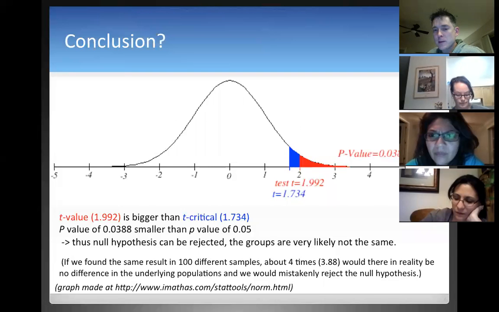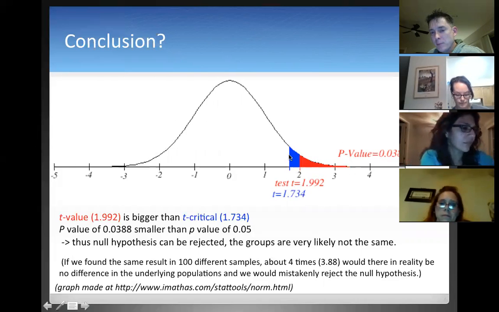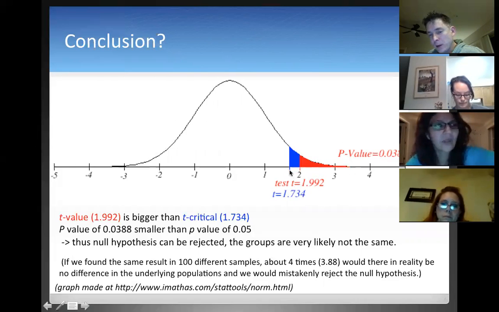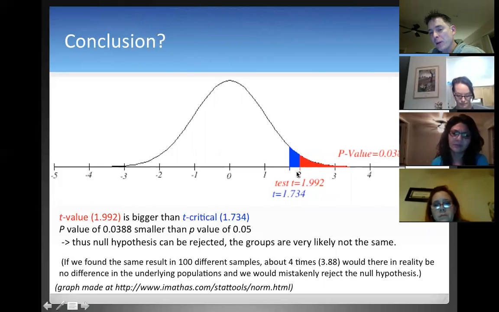Right, so that's the scenario where you're saying if we test at the 1% level, that blue area, that critical area would move all the way out here to the 2.55. Okay, so in that case, the calculation is the same for our t value. We still would calculate 1.992, but now the critical t value is way over here, so we would still see our calculated value in the white space.